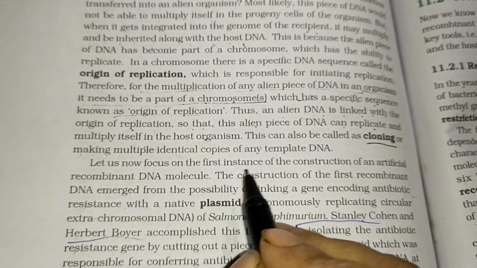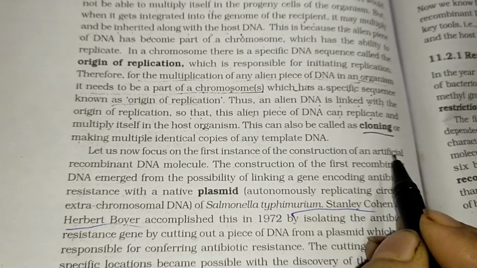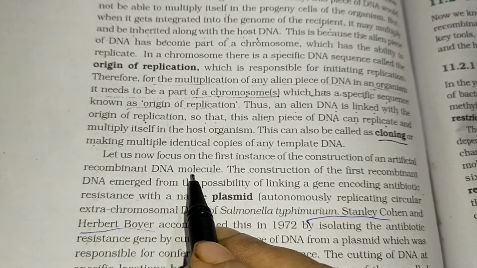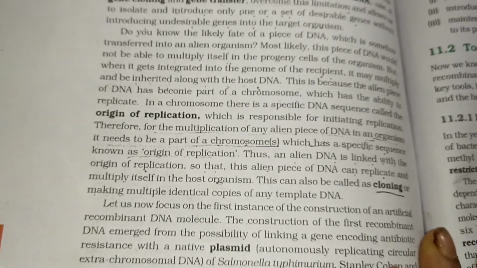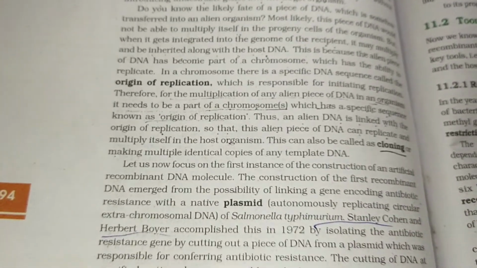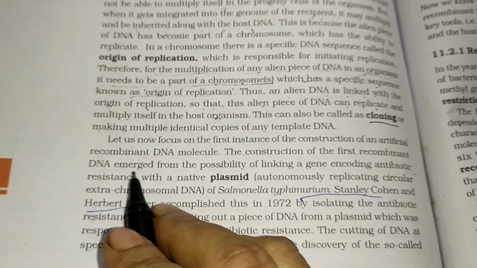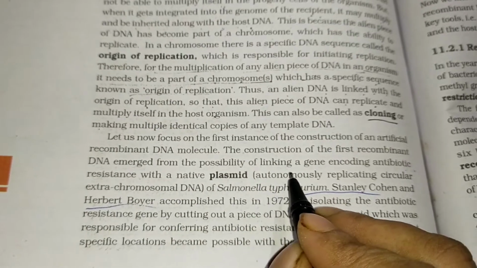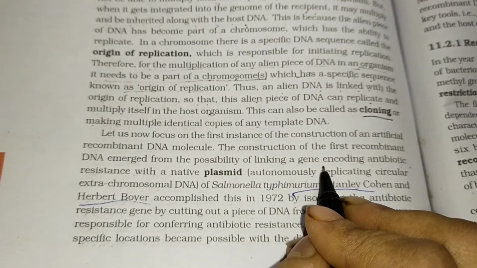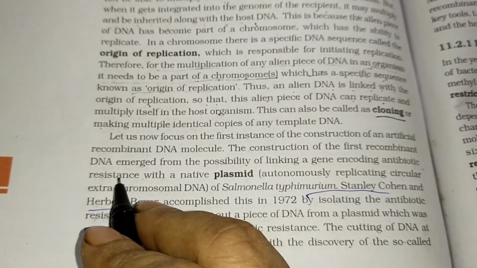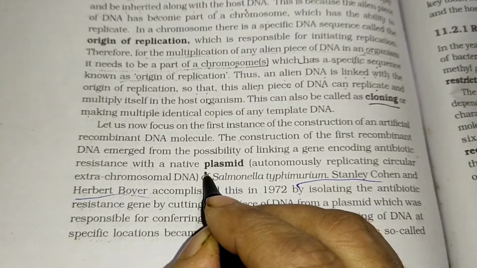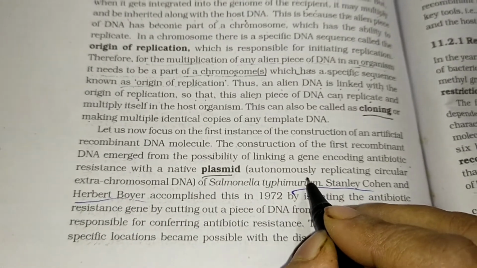Let us now focus on the first instance of the construction of an artificial recombinant DNA molecule, how recombinant DNA molecules are produced. The construction of the first recombinant DNA emerged from the possibility of linking a gene encoding antibiotic resistance with a native plasmid. What is a plasmid here?